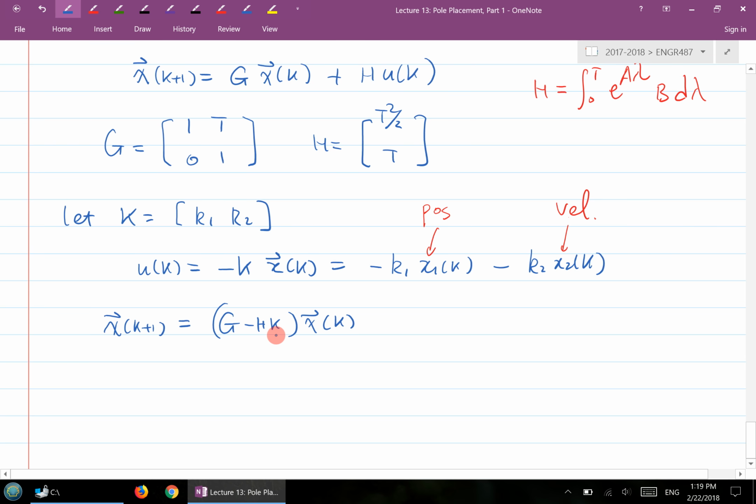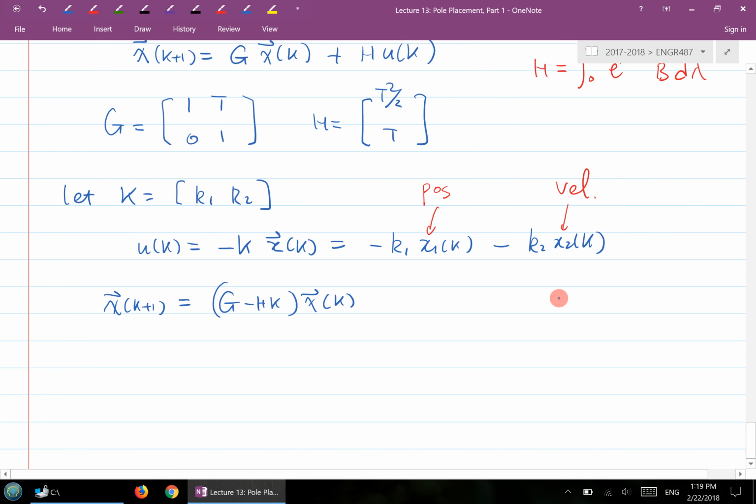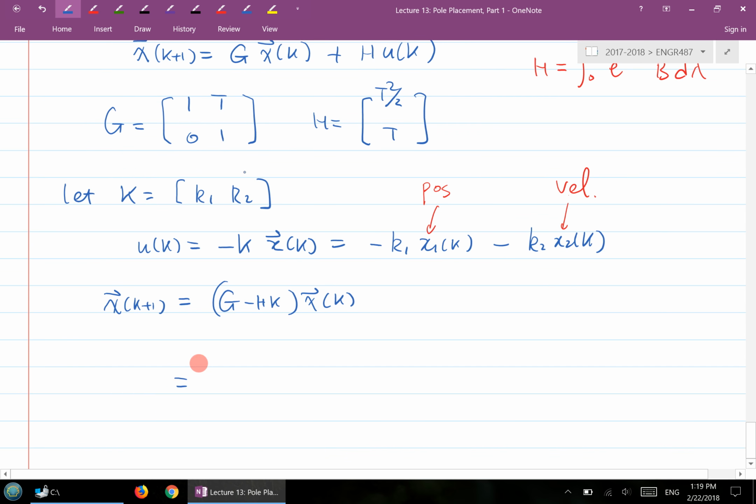So that's G minus HK, equal to this, and K is over here. G and H are over here. So substitute G, H, and K, and you can calculate this matrix.